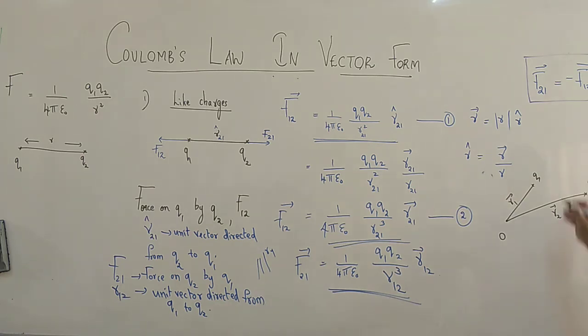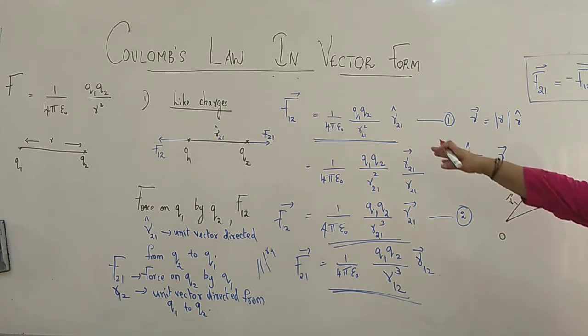Now, see, position vectors are always directed from the origin. Q1's position vector is directed from O to Q1. You can see the arrow mark here. So this is the direction of the R1 vector. Again, the position vector of Q2 is from O to Q2. So this is the direction of the R2 vector. Now what about the distance between them? That we need to draw based on the case.